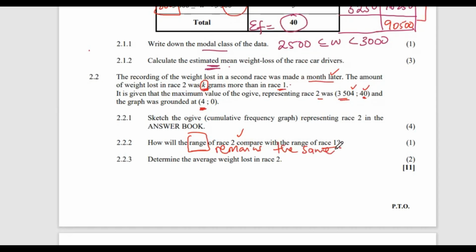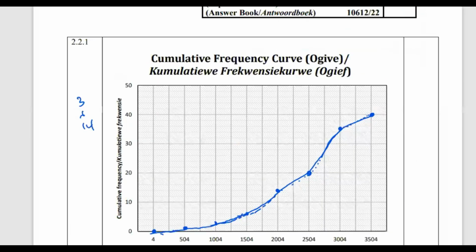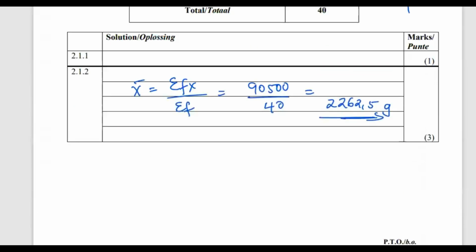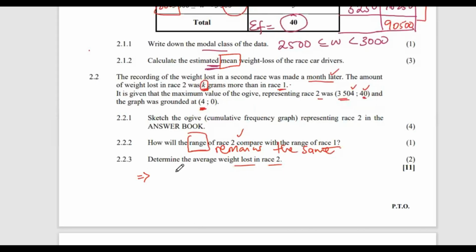It remains the same. And then determine the average weight that is lost in race 2. Since we got our average, remember mean is the same as the average. We got it as what? Someone remind us. We got it as 2262,5.